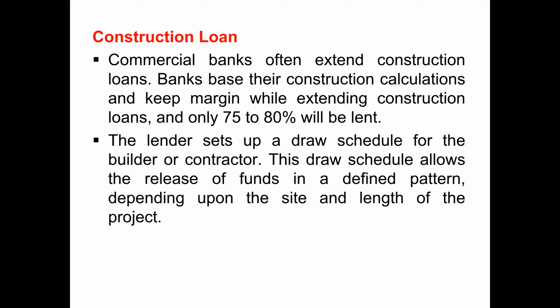They want to make sure that whatever money they give must be used for building the project, not for anything else. So in the case of a small house, they may say, we will give you a loan once you build the foundation, and then a second time we will give you another installment when you build up to lintel level or doors level, and do the brickwork or block work.